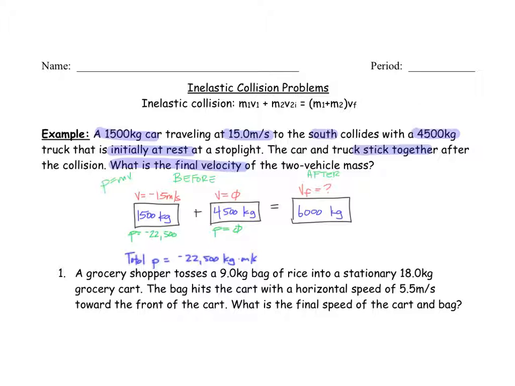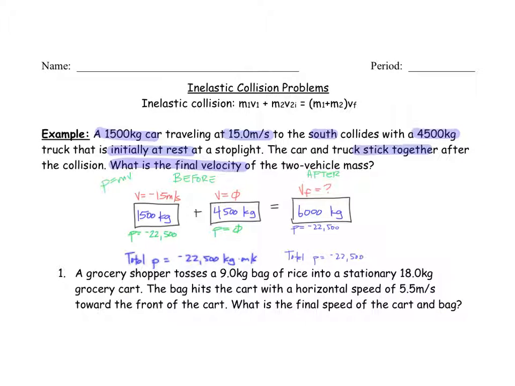which means that the total before they collide is equal to the total after they collide. So the total after they collide is also negative 22,500, which means all that momentum is in the car truck mass that is combined.